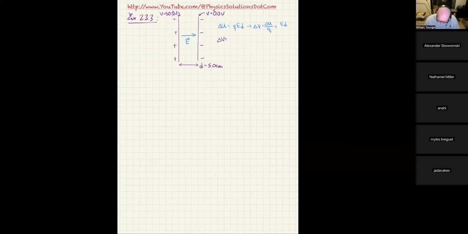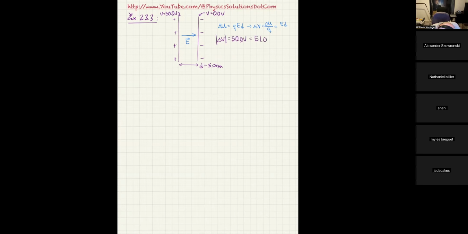It's just a matter of computing the strength of the electric field. So I'm going to say the change in voltage, in absolute value bars so there's no confusion, is 50.0 volts, and only the 5 and the 0 are significant, and that is equal to E times D.